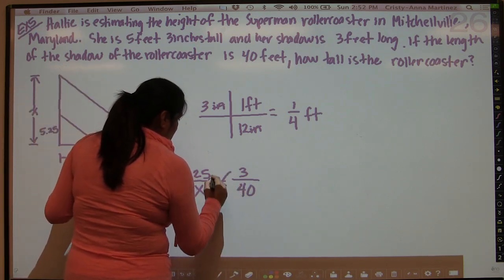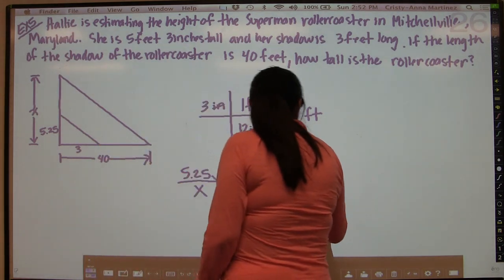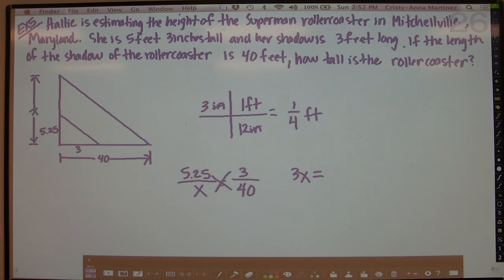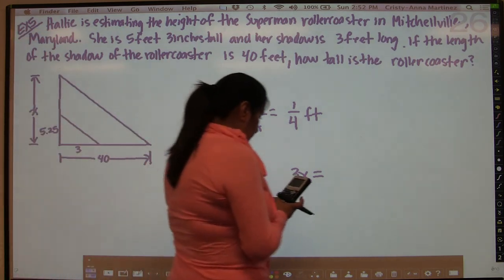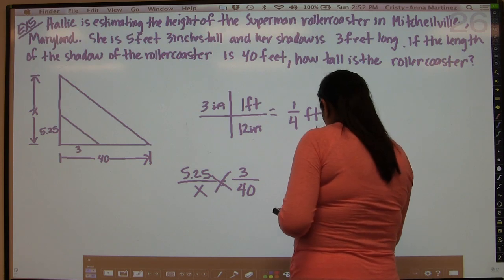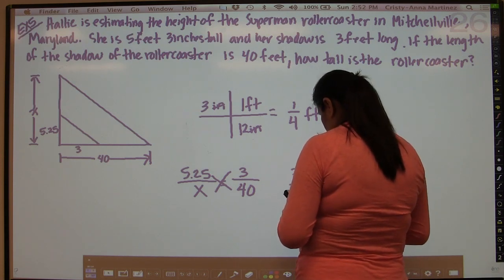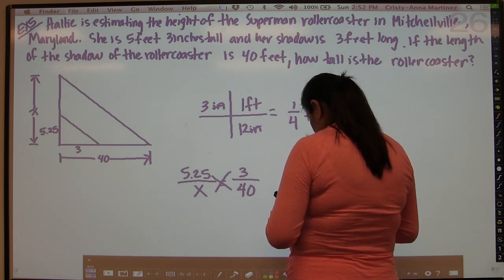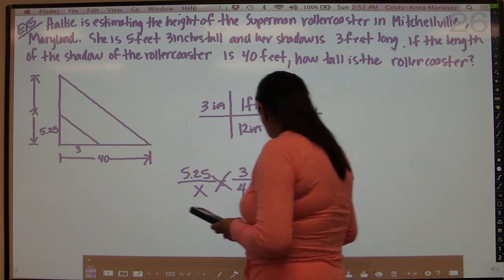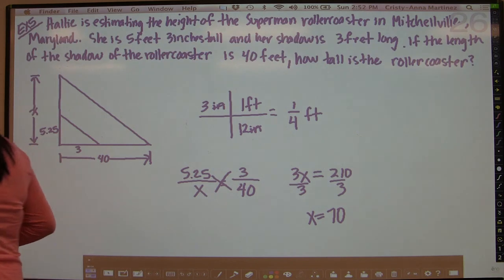And then we're just going to solve this proportion. 3x equals 40 times 5.25, which is 210. And then we're going to divide that by 3. And we get 70. x equals 70.